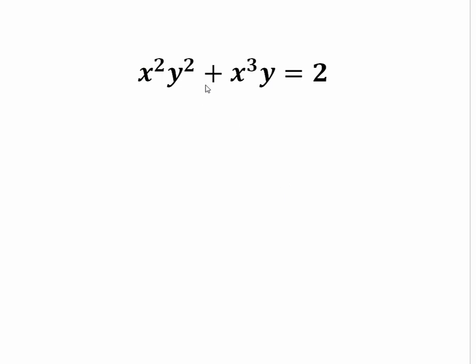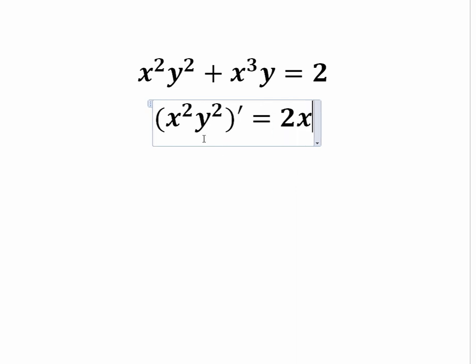Now let us go ahead and implicitly find the derivative of y with respect to x. So first let's differentiate this product. This is not the only way of doing that, but I'm doing it for simplicity. So we will go by the product rule.